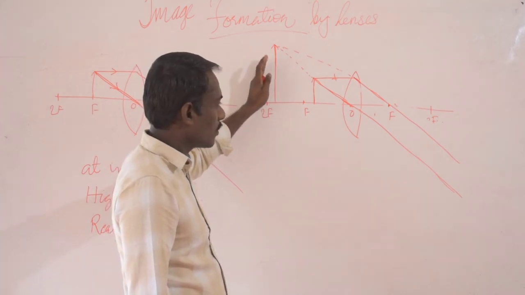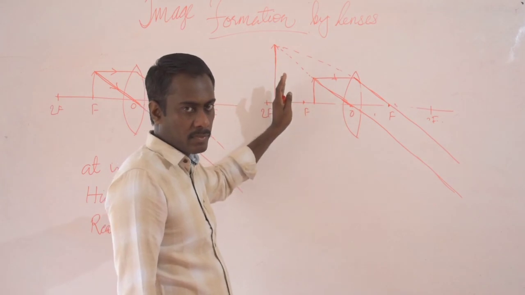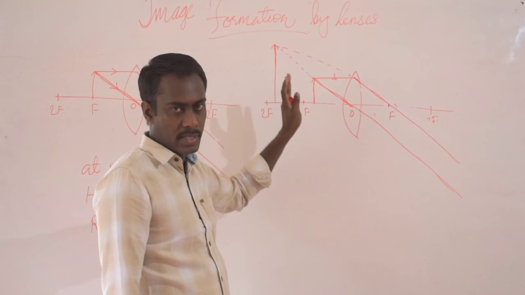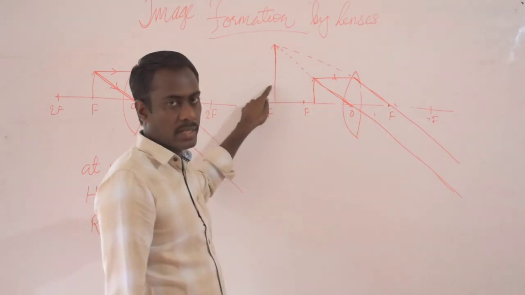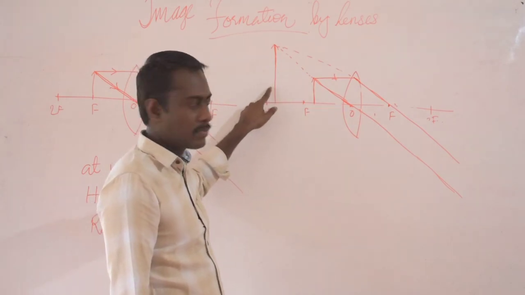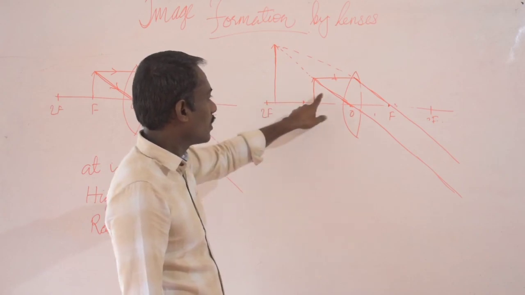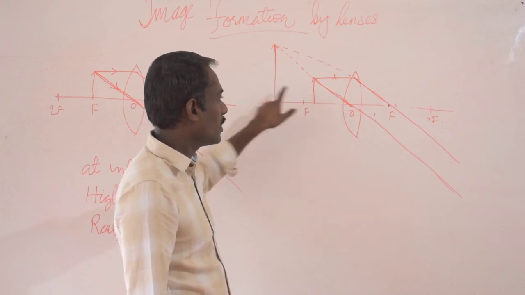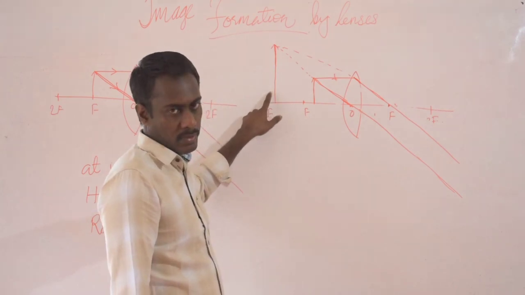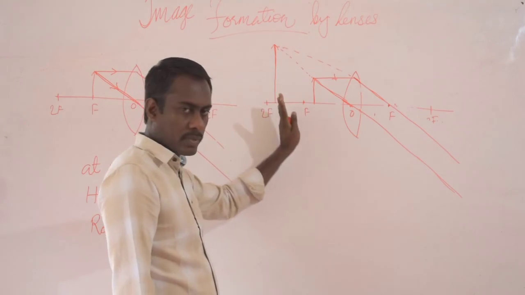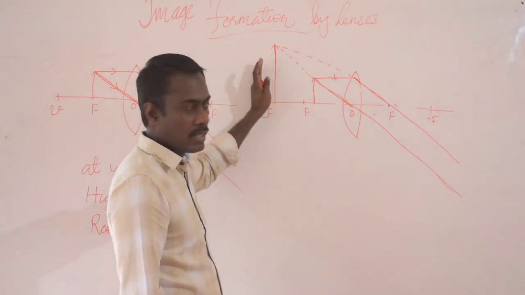Since the image is formed at the same side of the lens, this is not a real image, it is a virtual image. And also we know that it's a virtual image because the image is not inverted. So it is formed at the same side of the lens, and also it is not inverted.